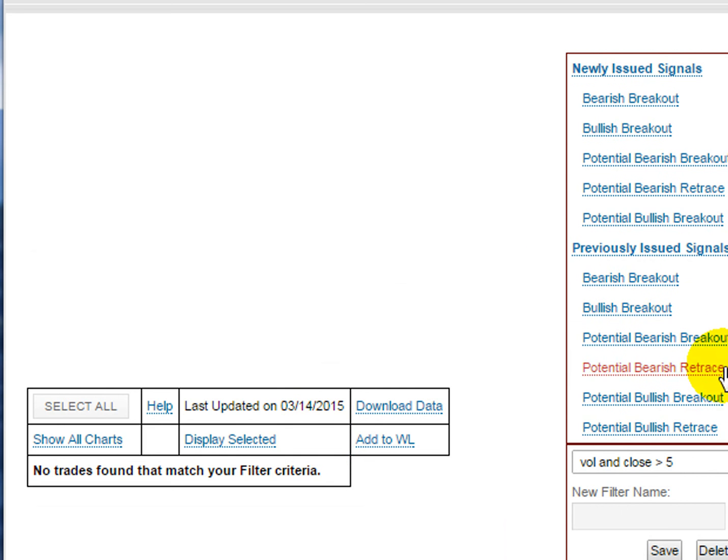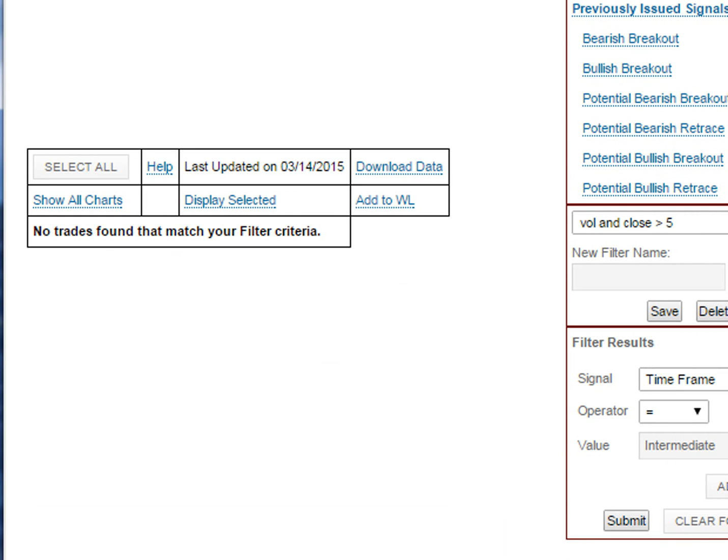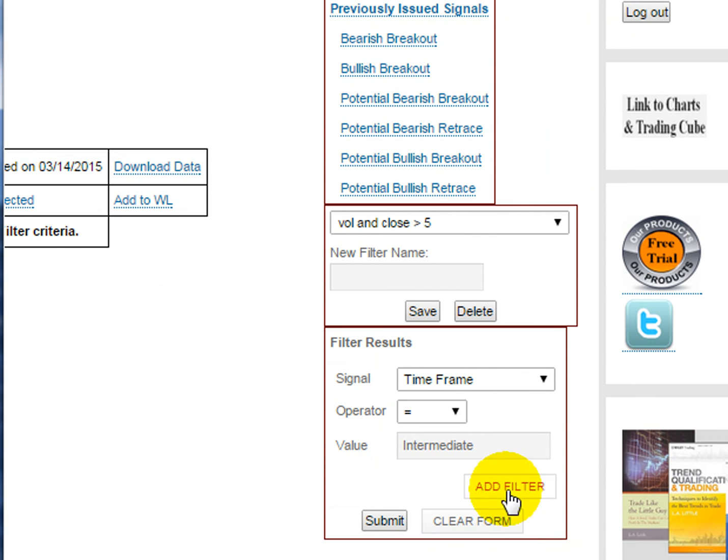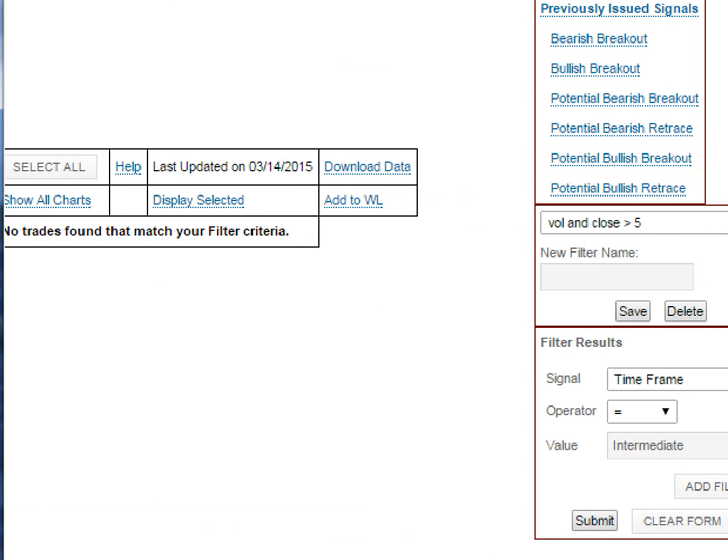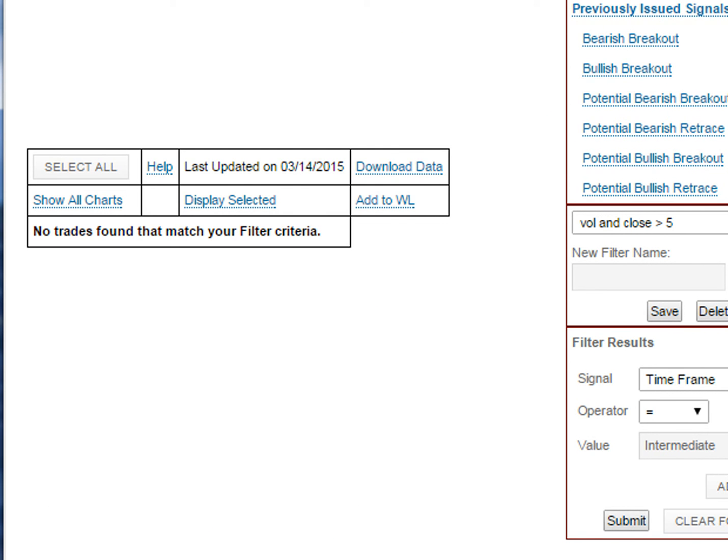So you can filter, you can remove filters, you can save your filters. In this case, I'll just clear the form and go back to one of my own filters, and then it will regenerate the screen for me.